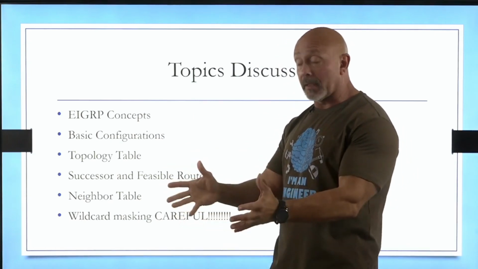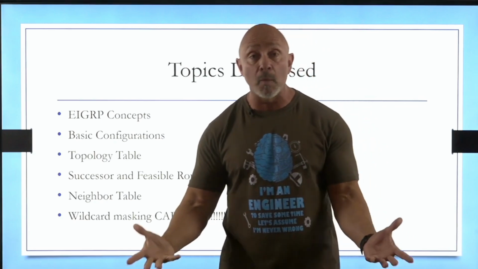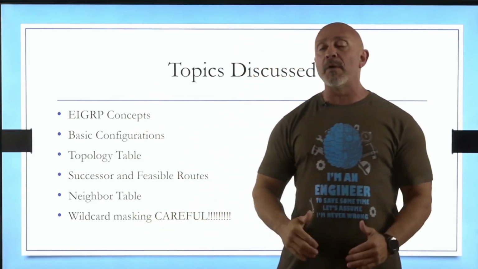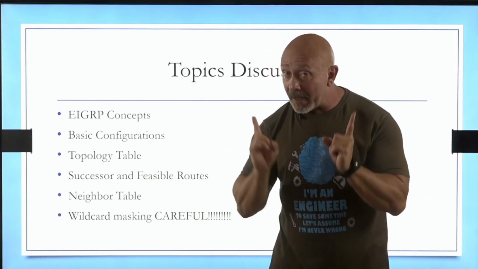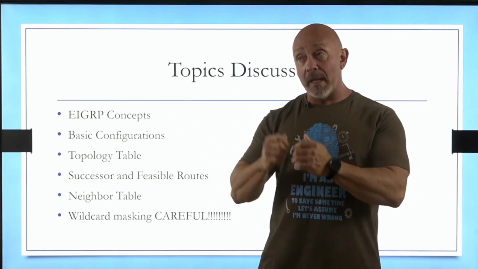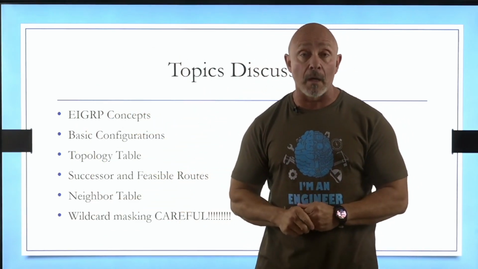That was the criteria. Now they're saying, hey, look, you can configure EIGRP using wildcard mask. That throws a flag up in there that when you do your simulation, please read carefully whether they're hinting towards you configuring it using wildcard mask.